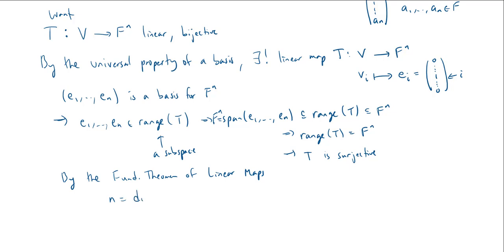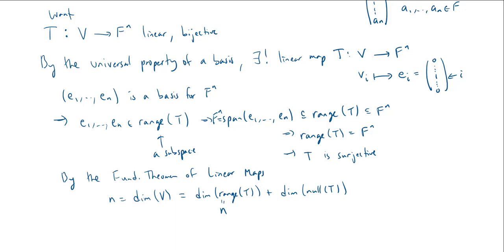We know that the dimension of V is equal to n, but the dimension of V, the domain, is equal to the rank, so the dimension of the range, plus the nullity, so the dimension of the null space. But we already established that the range is equal to Fn. That has dimension n.